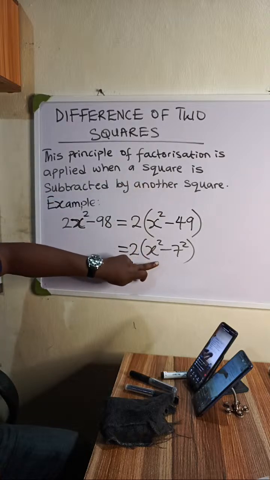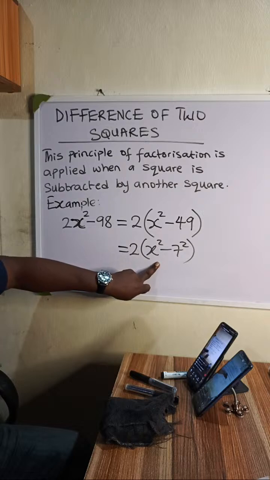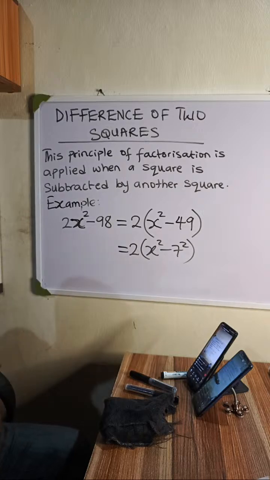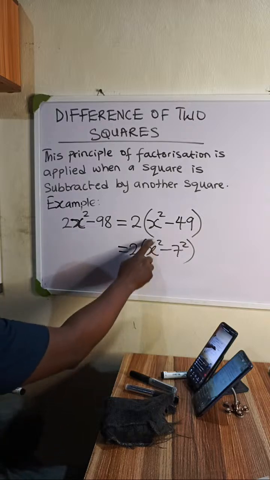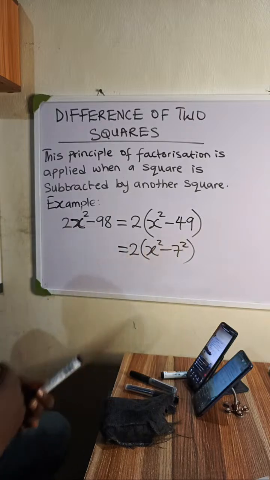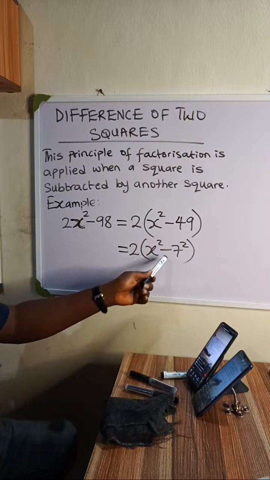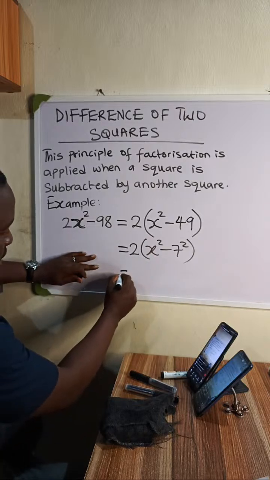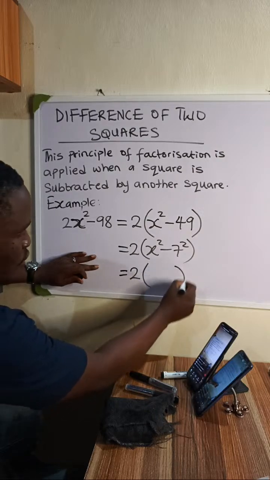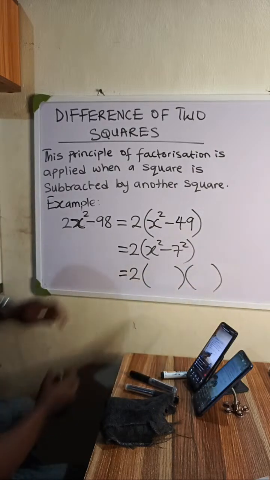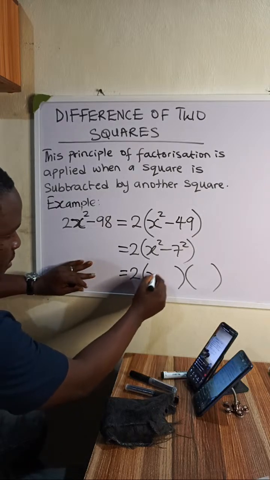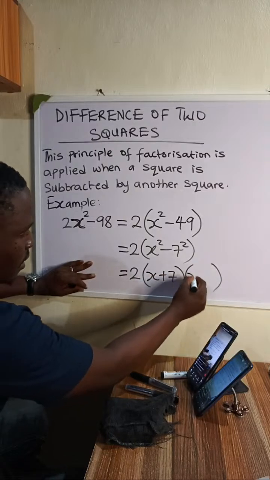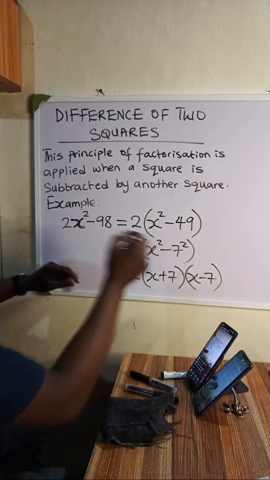So now we are trying to factorize completely. Since we have x squared minus 7 squared, we can apply difference of 2 squares on this. So we are going to have 2 and then open 2 brackets, which gives us x plus 7, x minus 7.